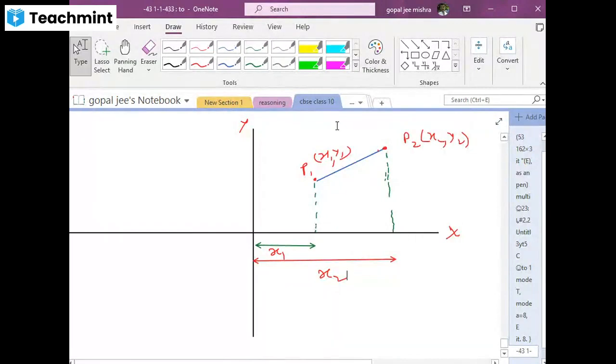And if I try to draw these 2 points' y coordinates, very easily I am able to see that this side, this one is y1, and this one is y2.